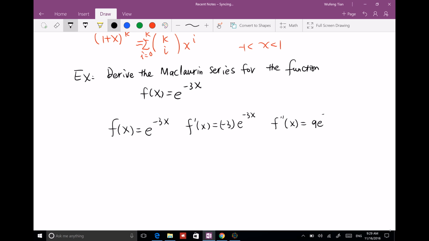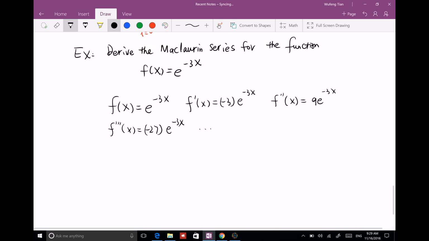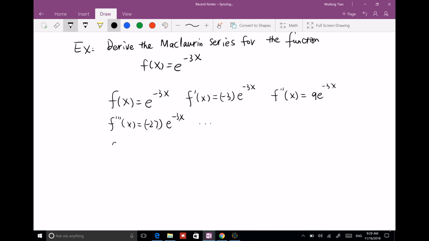And the third derivative is negative 27 e to the negative 3x, and so on. So f of 0 is 1, f prime of 0 is negative 3, then 9, then negative 27.